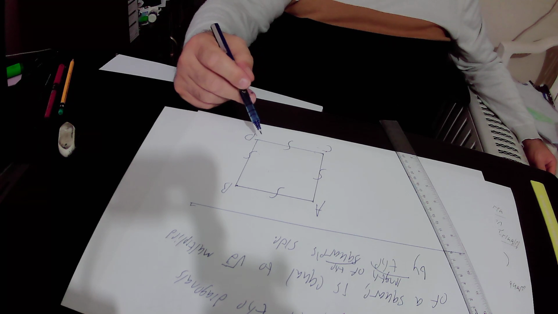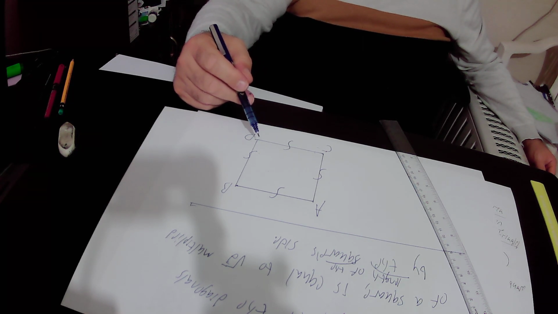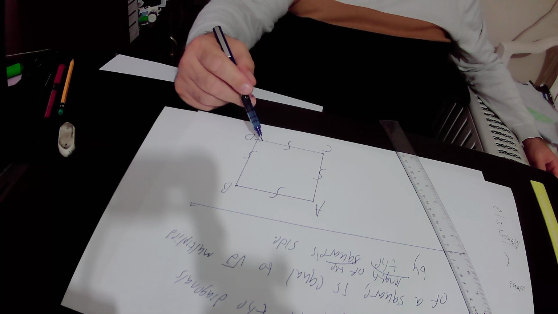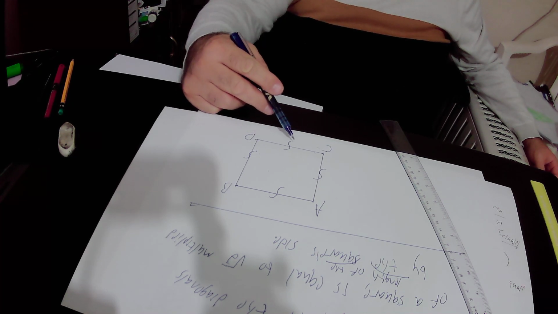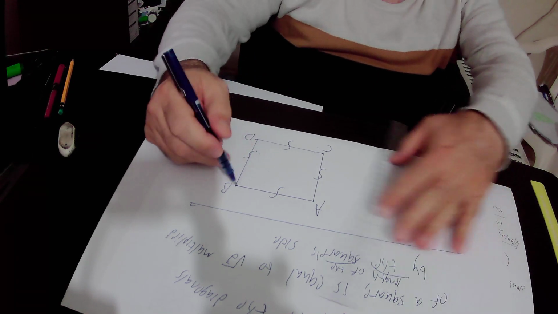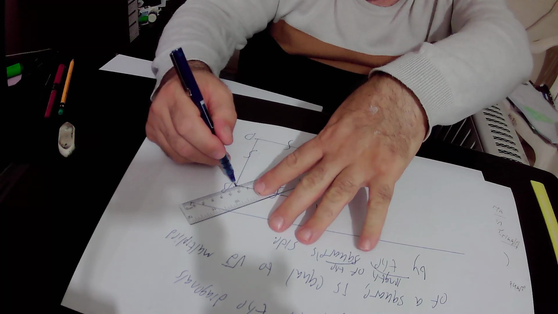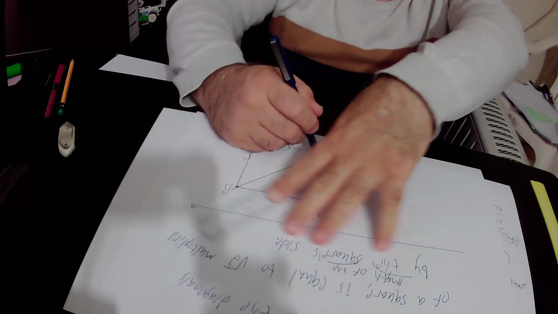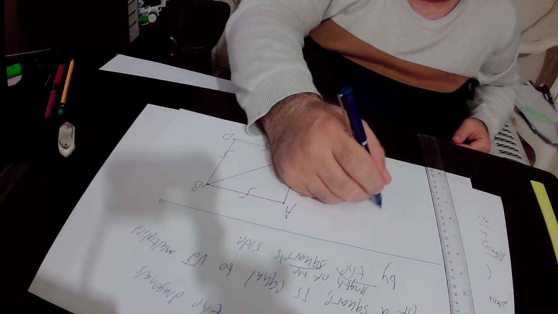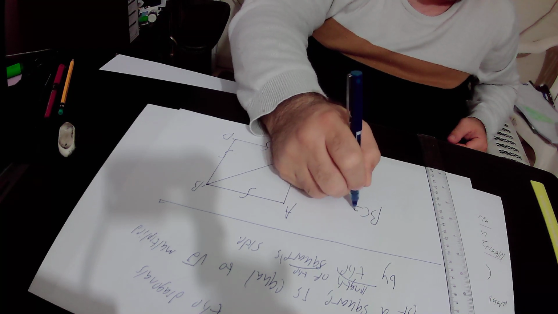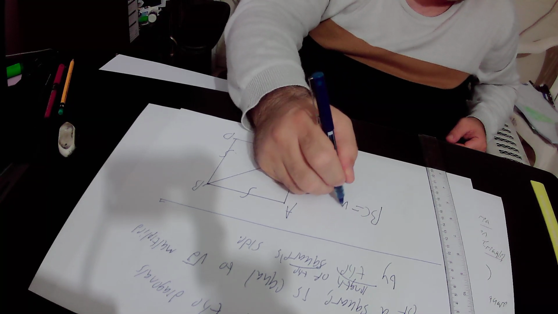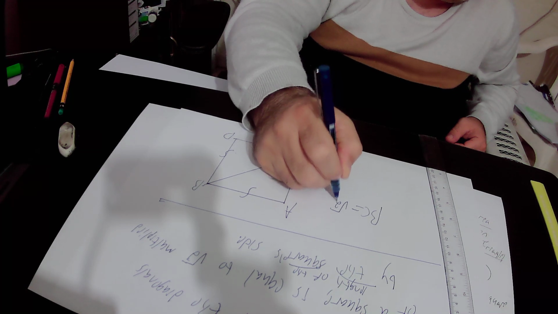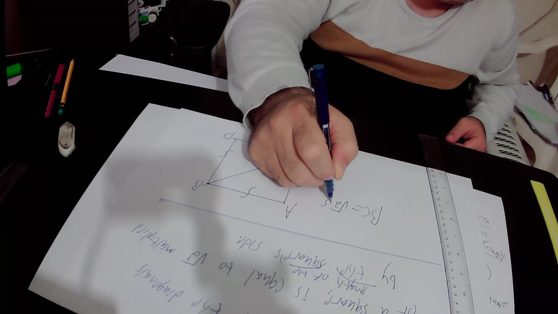Then the length of its diagonal BC will be equal to square root of 2 times S units.